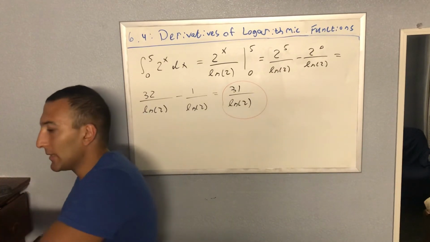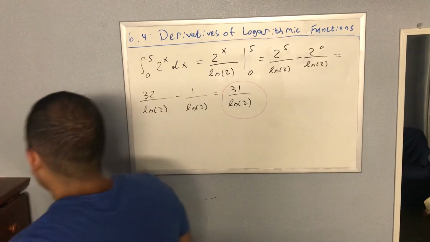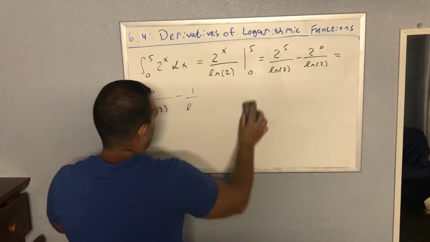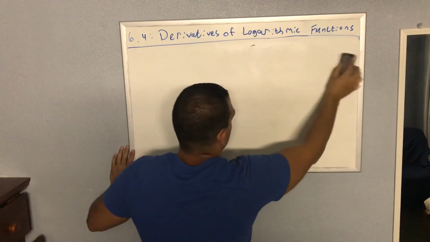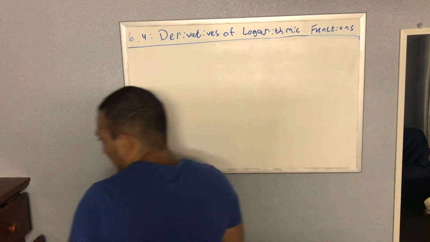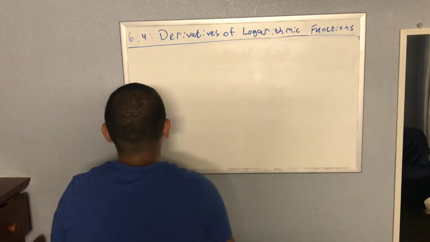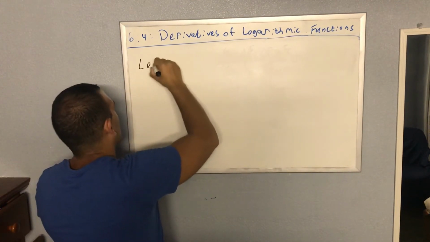Okay, and now we can get to a very useful and interesting process called logarithmic differentiation. It sounds cool, so if you say it to somebody, they're going to be like, wow, you're super smart.